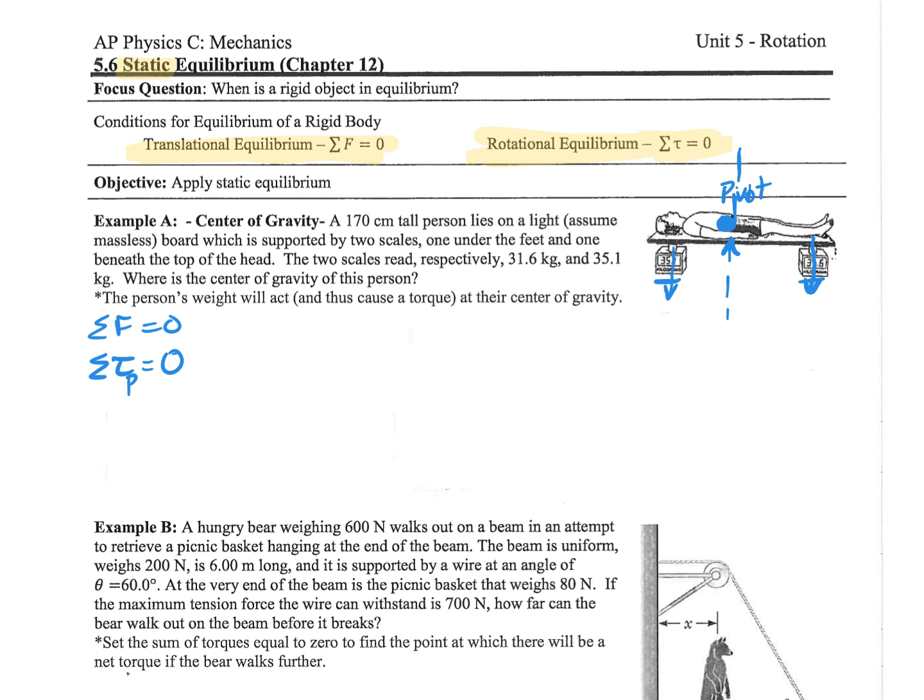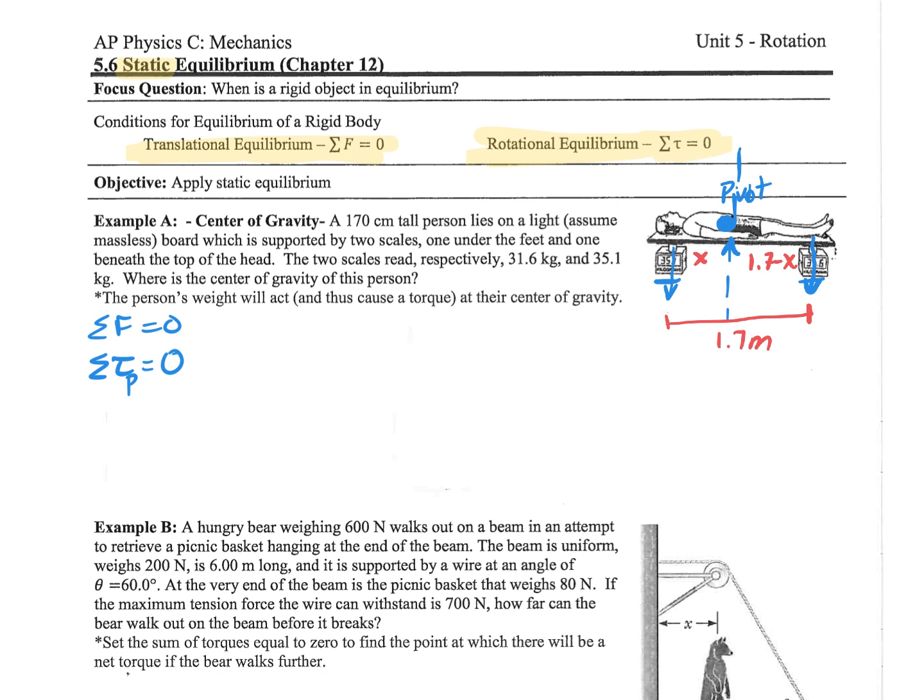We don't know exactly where his pivot is. We just know it is 170 centimeters from here to here, or 1.7 meters, correct? So we're going to call this x, which makes this 1.7 minus x. That's the typical algebra cheat that you use in setting these types of problems up. We have to do that because why?